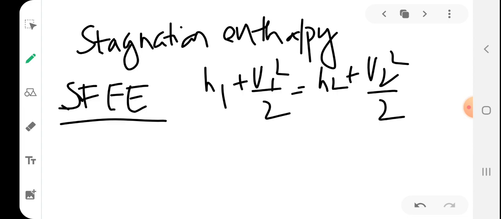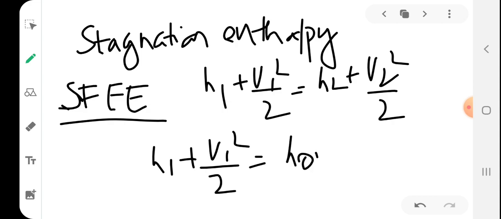Suppose we are isentropically decelerating from 1 to 01. So this is our stagnation condition, this is our actual condition. From the actual condition to the stagnation condition, we are isentropically decelerating to V equal to 0. Then what will happen? H1 plus V1 square by 2 will become H01 plus V2, where the velocity will be 0.